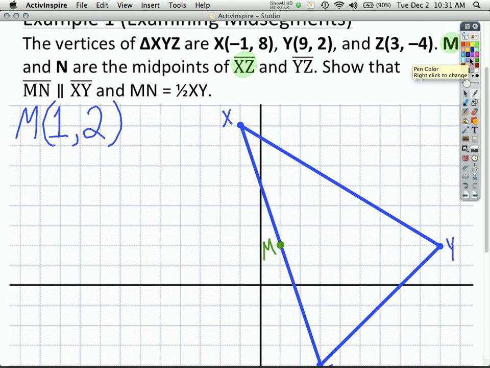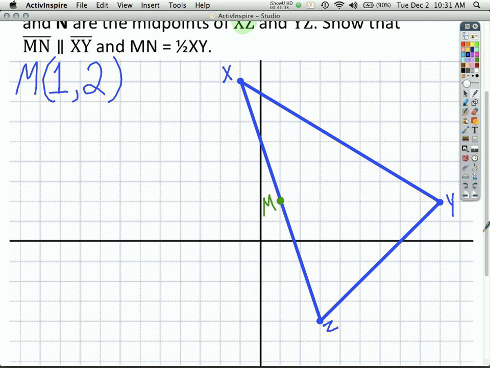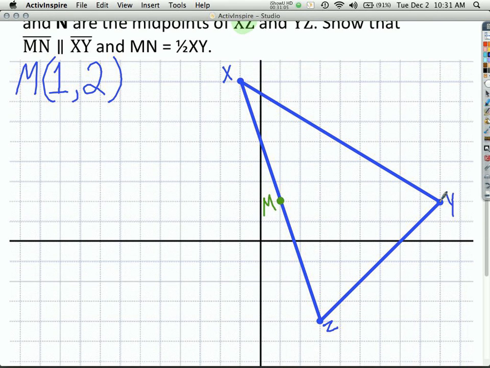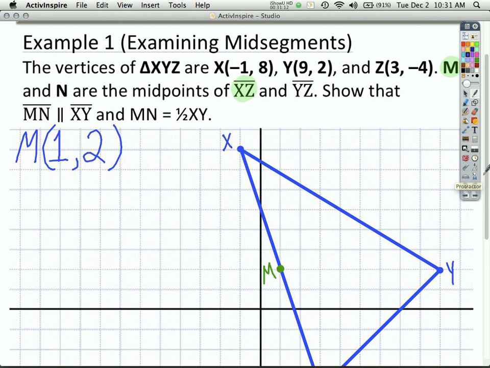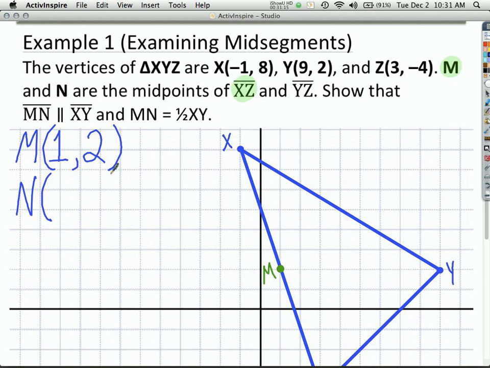Good. So now we need N, which is the midpoint of YZ. So we need the midpoint of this line here. Not a guessing game. Use the midpoint formula. This is exactly what it's used for. Here's the x coordinate of Y, the x coordinate of Z. Take the average, add them, divide by 2, we get 6.